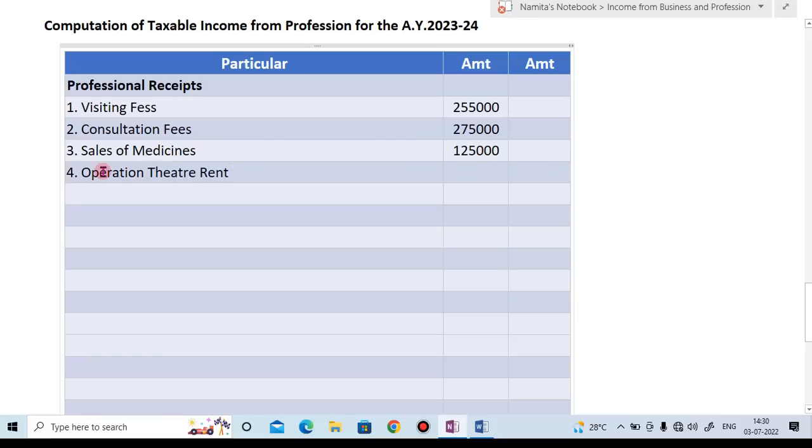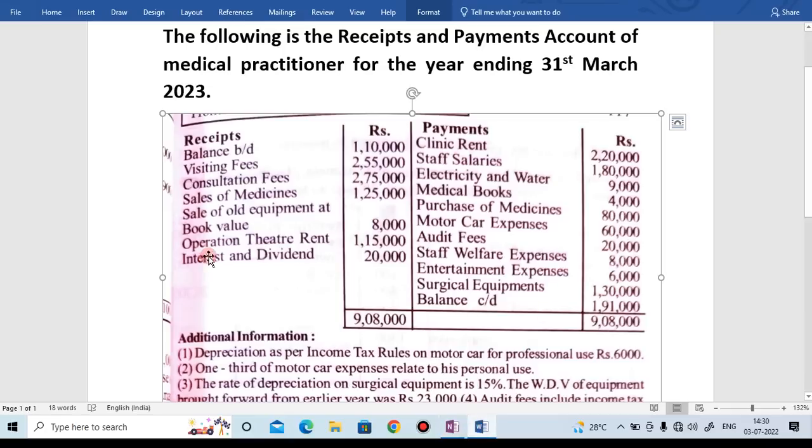Next, after operation theatre rent 1,15,000, next is interest and dividend 20,000.